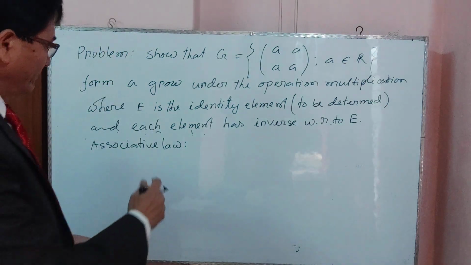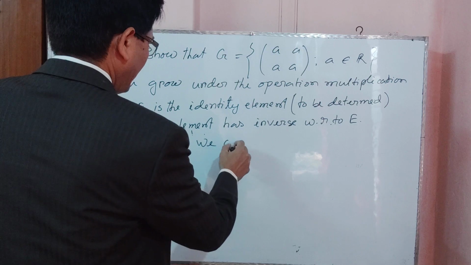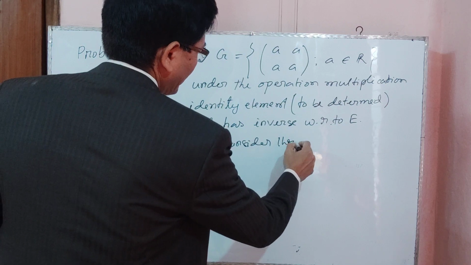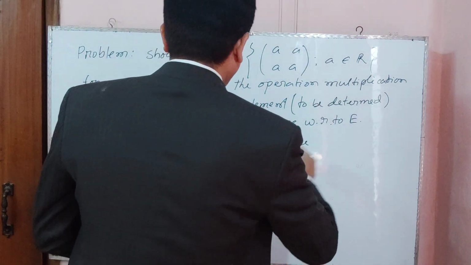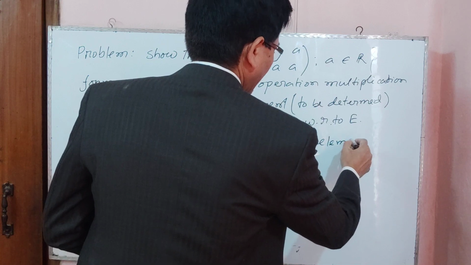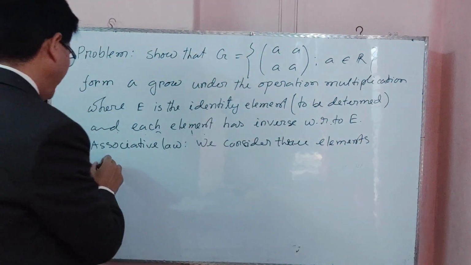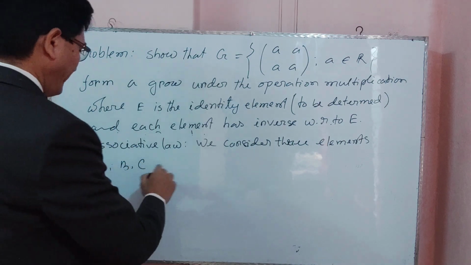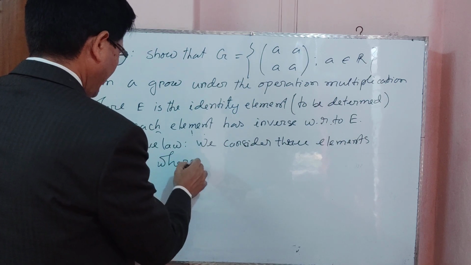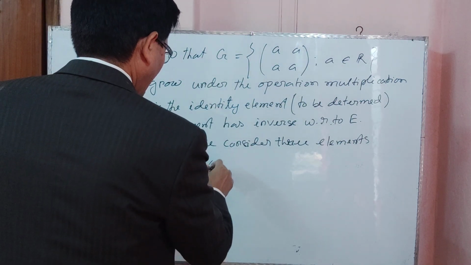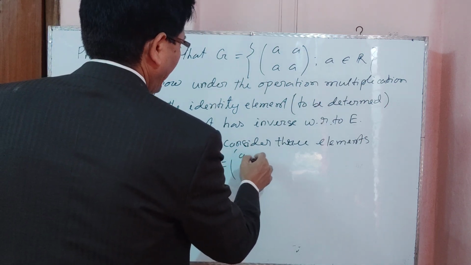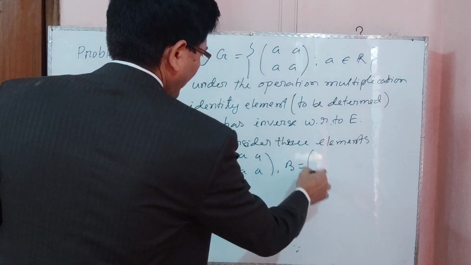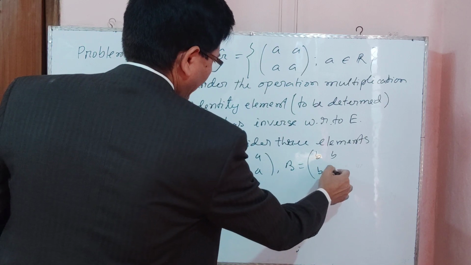That's why we consider three elements A, B and C, where A is of the type a, a, a, a, B is of the type b, b, b, b.